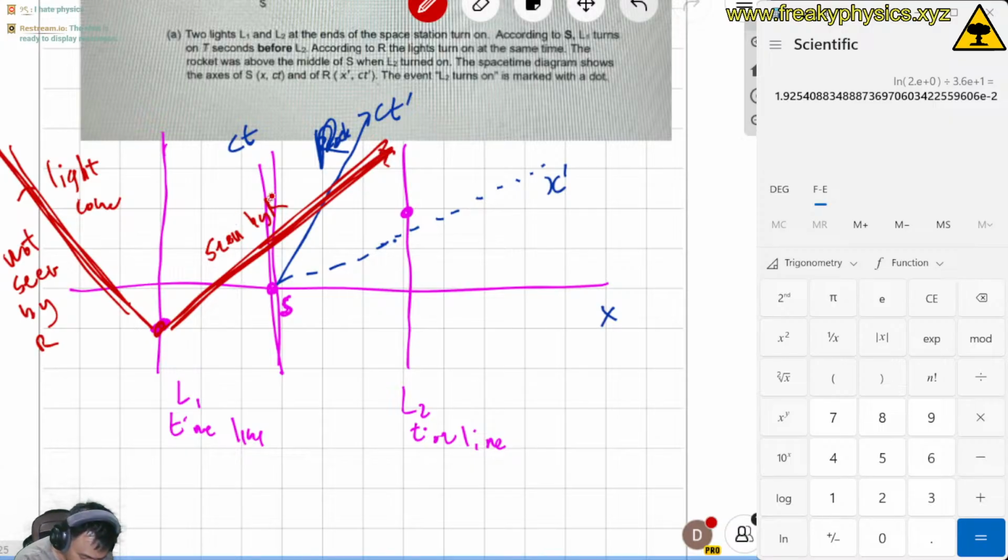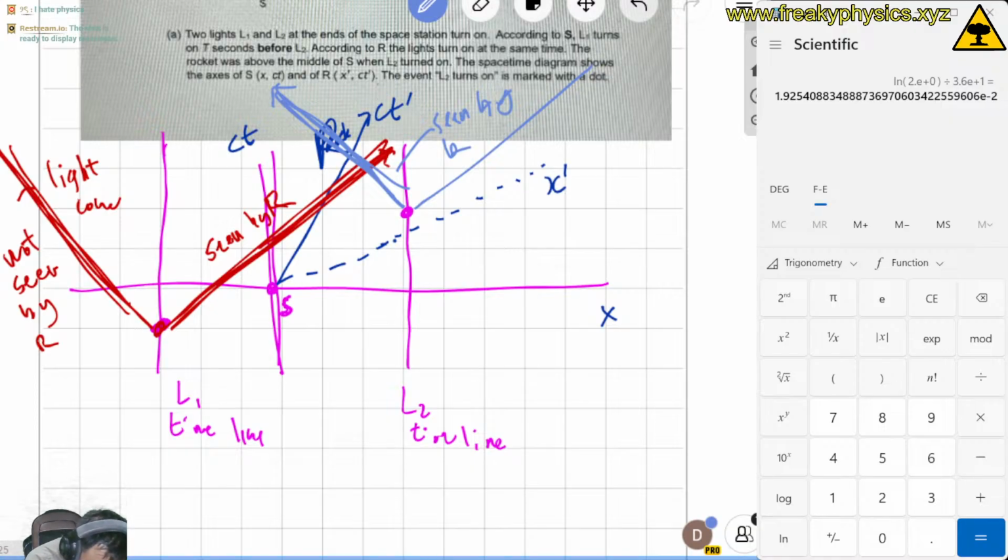Now I'm going to do another color just for this light cone here. Let's do this like that. So this is definitely, even though I drew that bad, let's just draw it more easily. Now in this case, this light ray is seen by R as well, right? Because it intersects the R. But similarly, what's gonna happen to this?